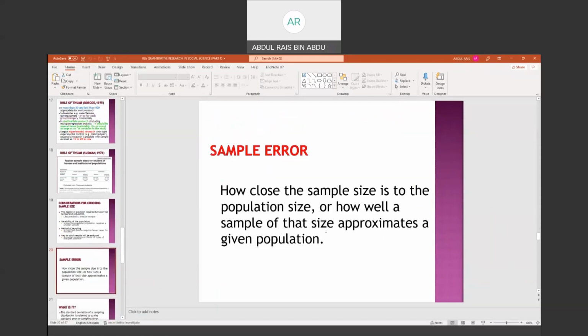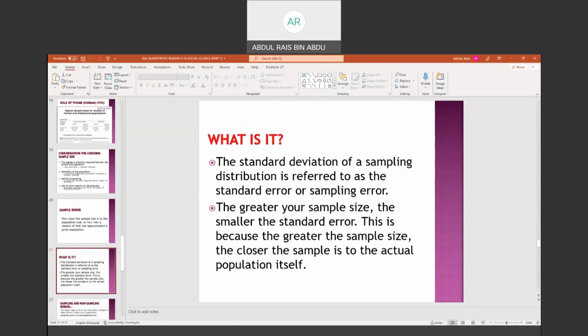So when you do sampling, there tends to be a scenario where you might have the errors lah. Okay, sampling error is how close the sample size is to the population, or how well a sample of the size meets a given population.